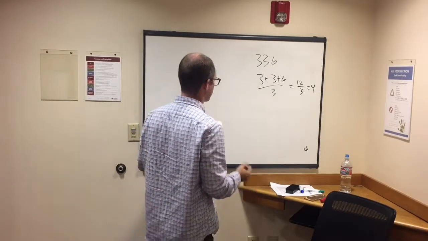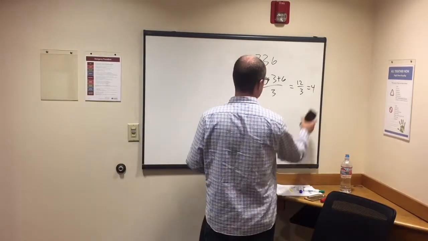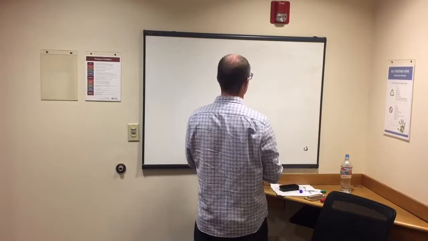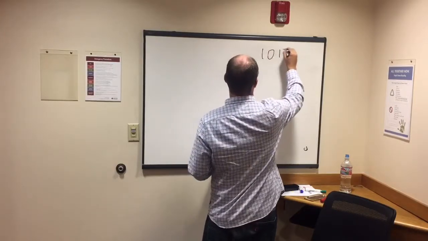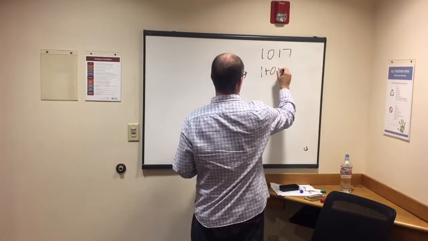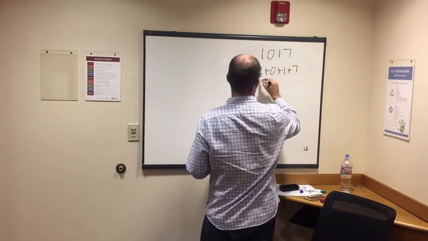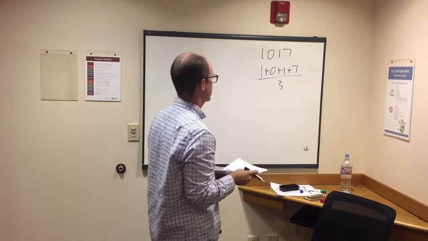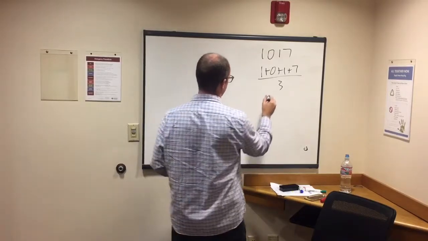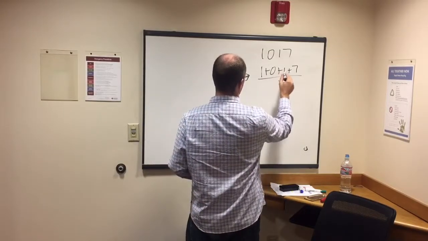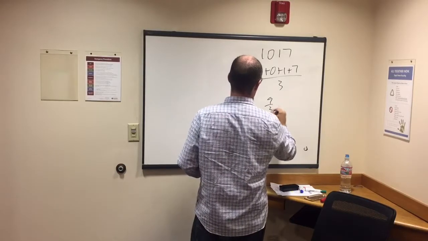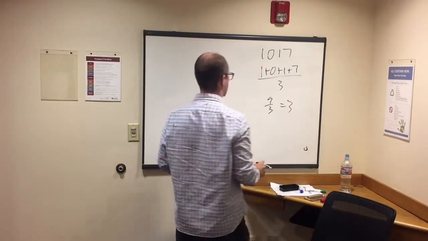But another example that we used was 1017, right? Which was 1 plus 0 plus 1 plus 7 over 3. And that gave us 9 divided by 3. 1 plus 1, 2 plus 7 equals 9, divided by 3 equals 3.